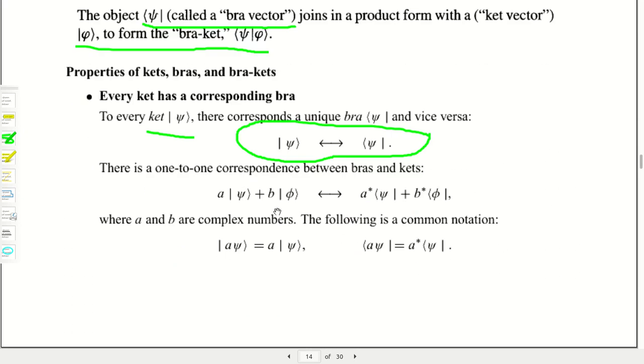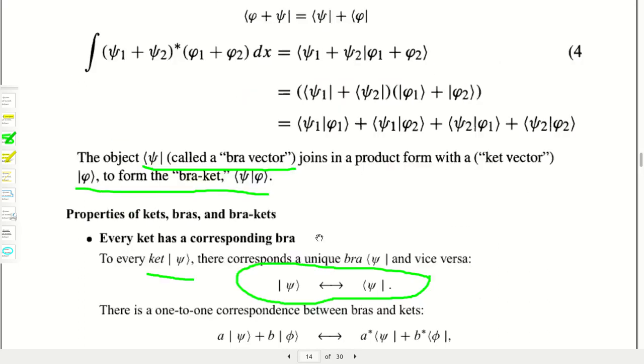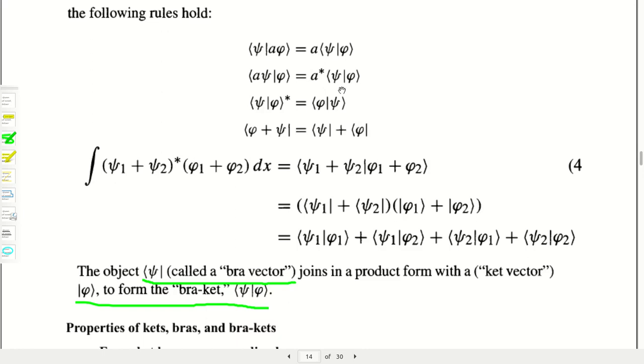This is the distributive law. So A psi is another Ket, B phi is another Ket. By adding them it will form a different Ket, A psi plus B phi, which has another unique dual, which is A star psi plus B star phi, because in dual space you are taking the complex conjugate, as this formula shows.